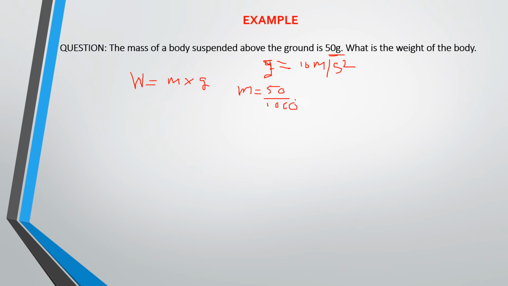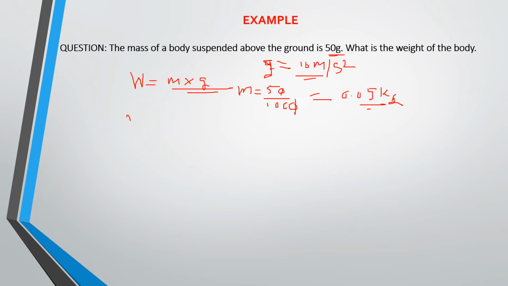When you divide that by 1000, you have your mass to be 0.05 kg. So now substitute the mass in kg and the acceleration due to gravity into this equation.